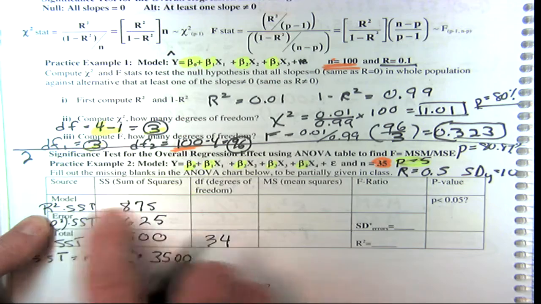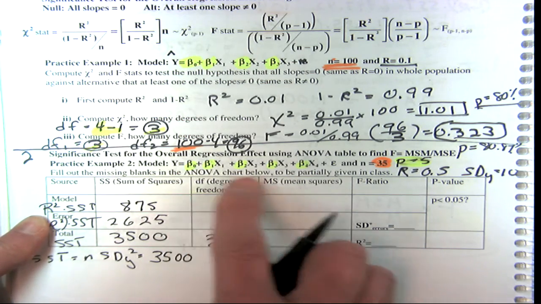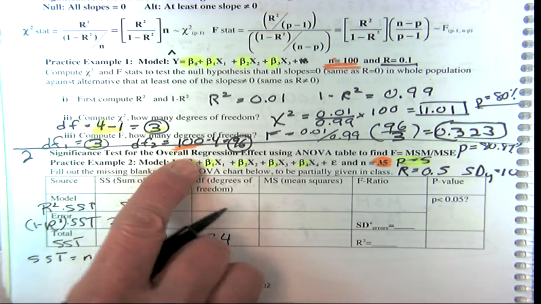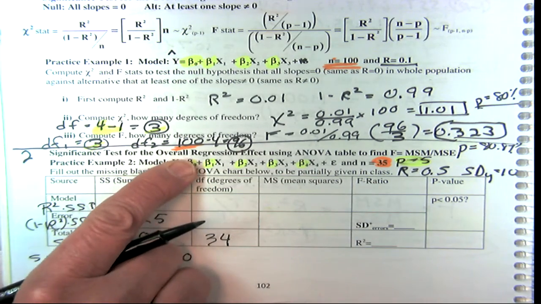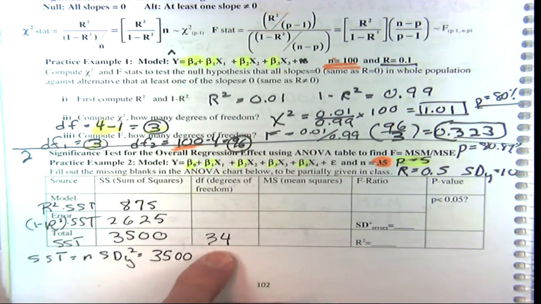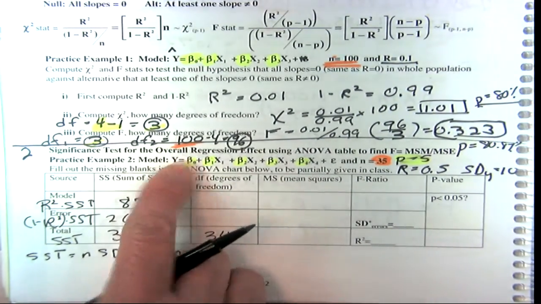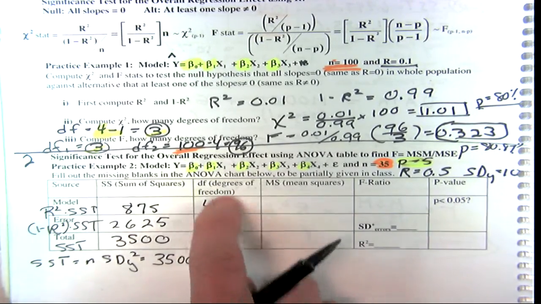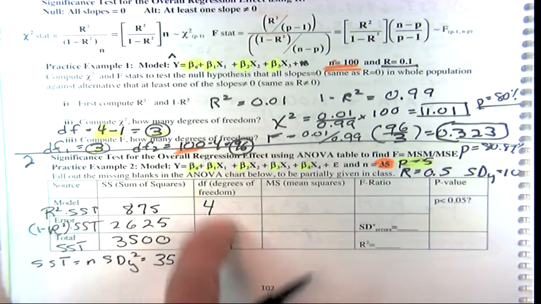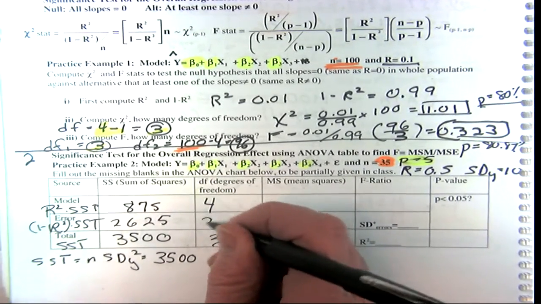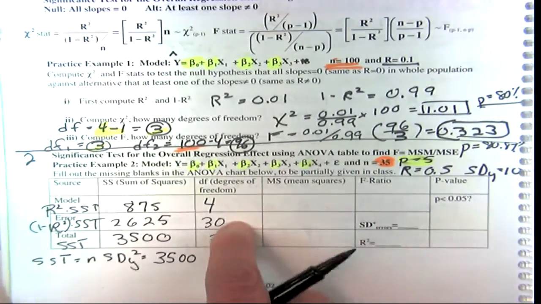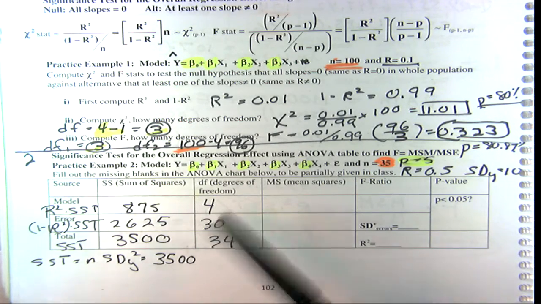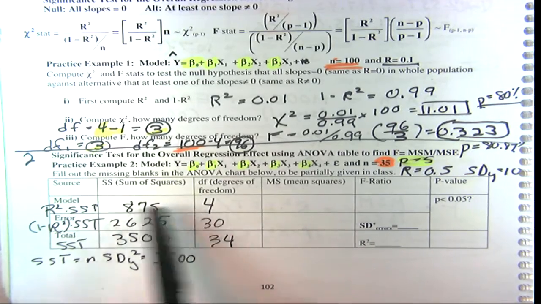And then for the model, the model has these 5 parameters, but one is already taken care of by the average, so it's p minus 1. So that's 5 minus 1 is 4. And then they have to add up: 4 plus 30 adds up to 34. And this is n minus p.